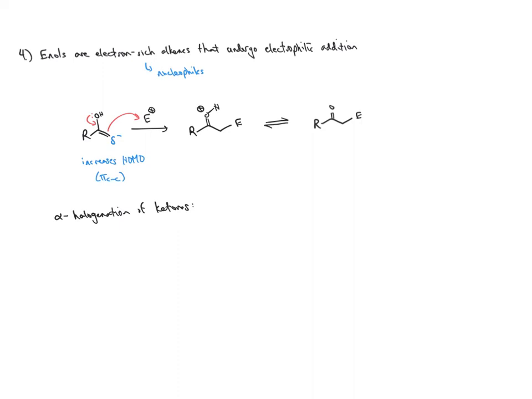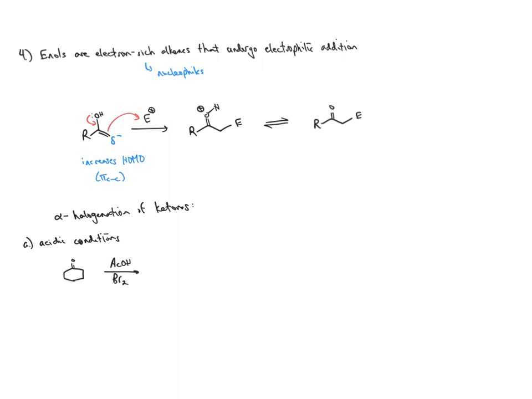Right, so let's see what happens under acidic conditions first. All right, let's say we have this ketone, and we're going to react this ketone with acetic acid in the presence of bromine.